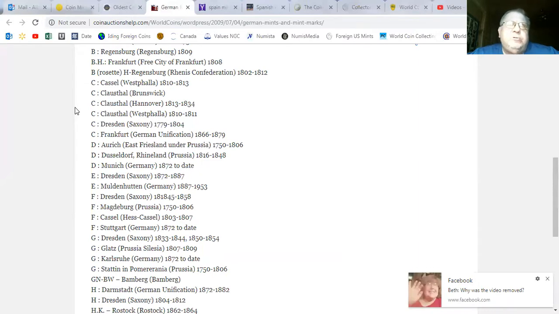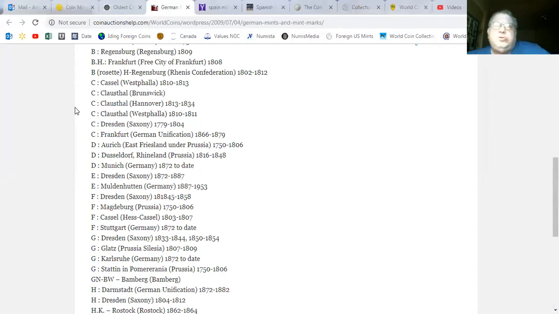Same with the Denver, a little bit less than the Philadelphia. Philadelphia usually predominates overall. So having the mint mark on there also tells you how many coins were minted in that facility, and if it's like the key dates and stuff like that, lower mintages, and that's why we care.